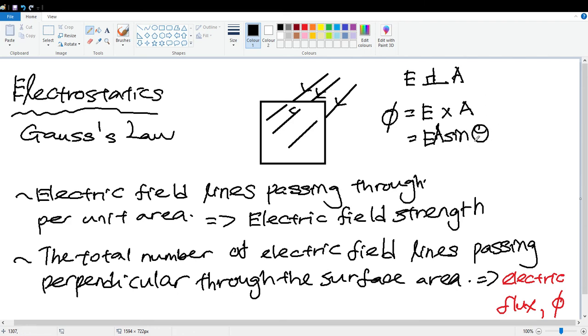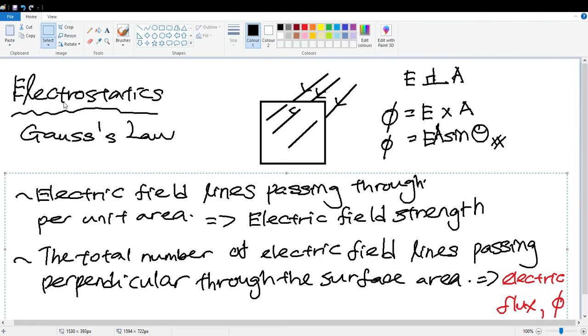If theta is 90 degrees, sine 90 degrees is 1, so I can conclude that the electric flux passing through the metal plates is maximum. If the angle is 0, the electric flux will become 0. So this is the formula for electric flux. This is the new principle.